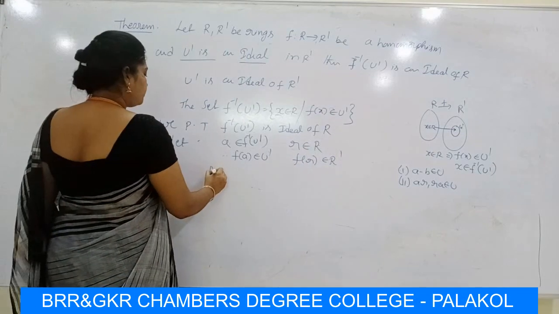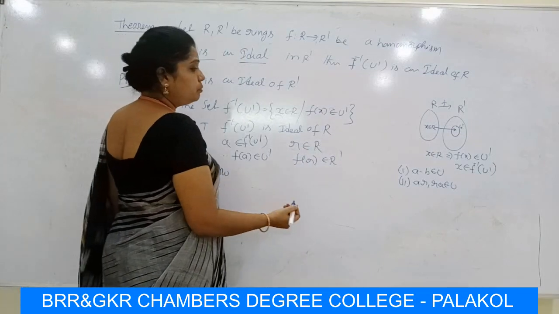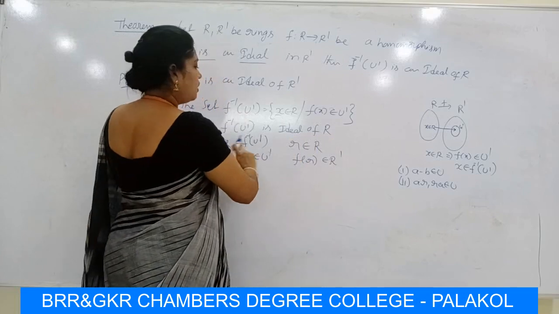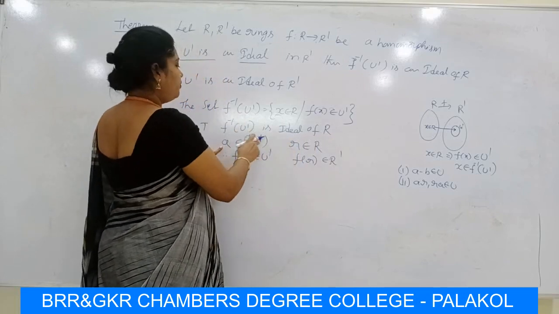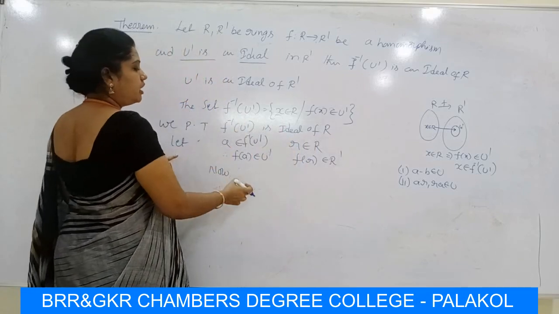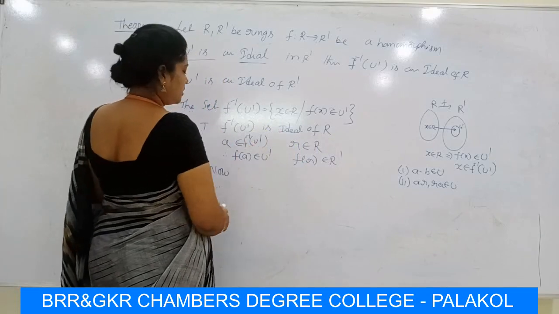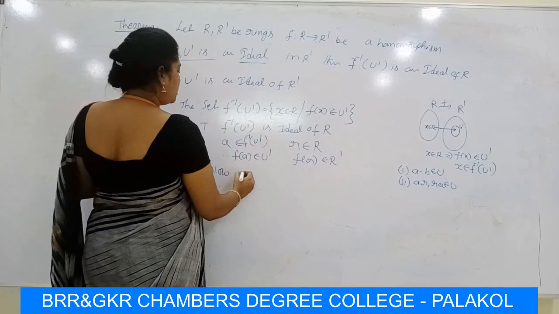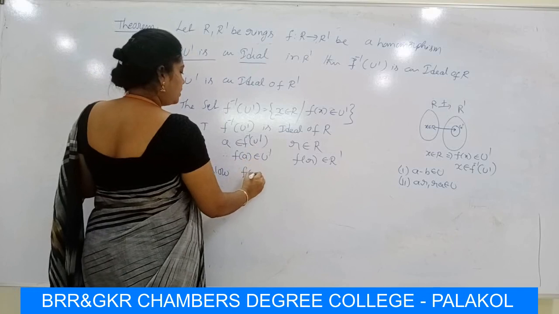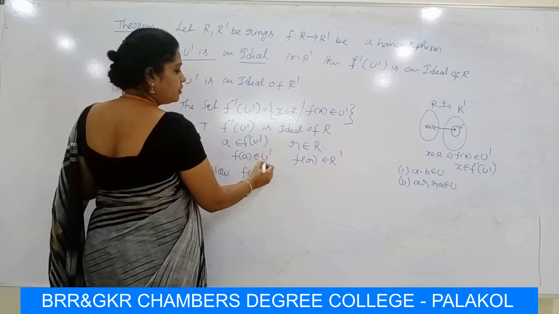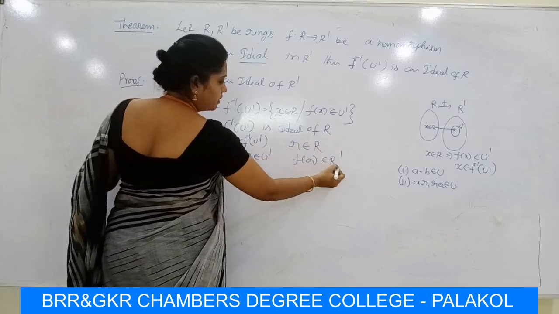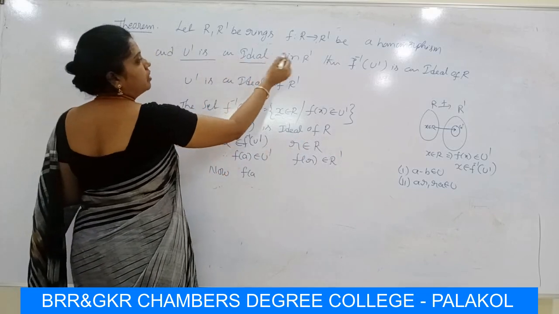Now we have to prove a r belongs to F inverse U dash and r a belongs to F inverse U dash. So now F of a is an element of U dash and F of r is an element of R dash, and U dash is an ideal of R dash.